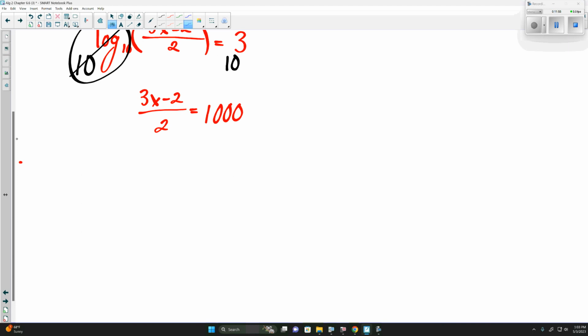Now at this point here, we do need to get x by itself, so we multiply by 2, because here the 2 and 2 would cancel.